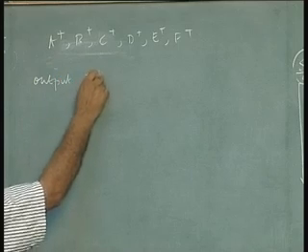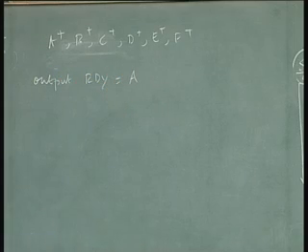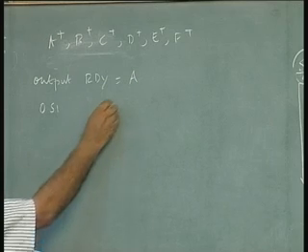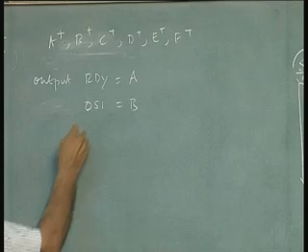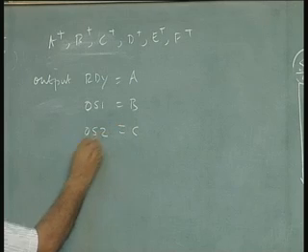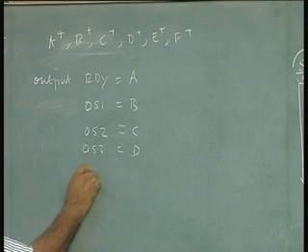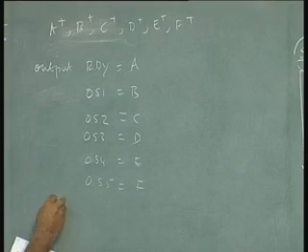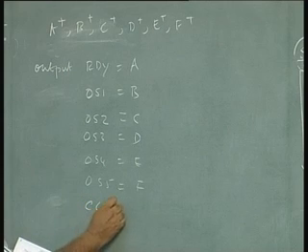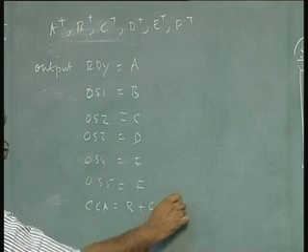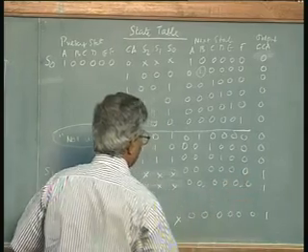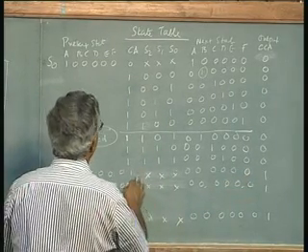The ready signal is A. So if you are in state S0, you will have a ready signal showing, and output YS1 will be B, YS2 will be C, YS3 will be D, YS4 will be E, YS5 will be F, and clear, CCA, will be any of these: B or C or D or E or F. That is what it is, because the CCA signal will be B or C or D or E or F. This one is 1, no?